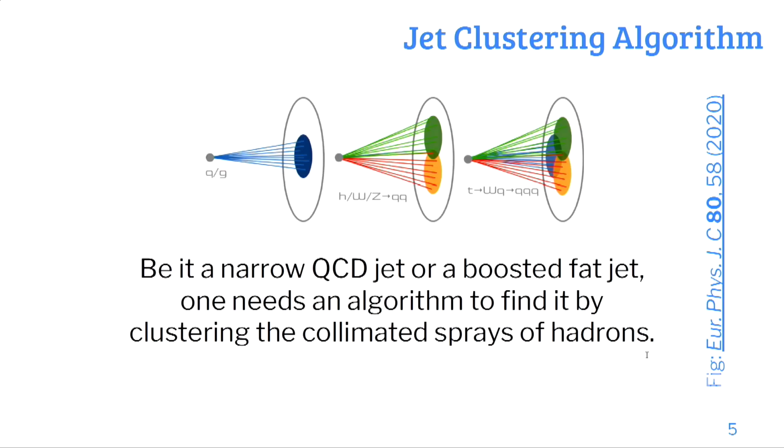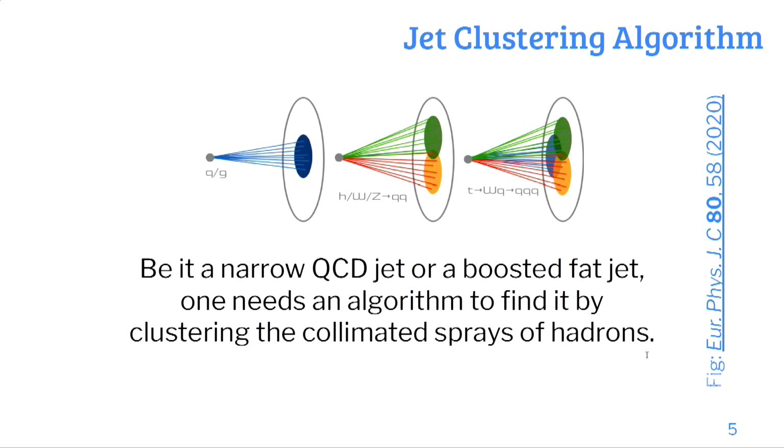But characteristically, this jet, for example the W jet, Z jet, or top quark jet, versus quark and gluon jets, are slightly different, because quark and gluon jets tend to be narrower in size and their mass tends to be very small, whereas top quark jets are slightly fatter in size and their masses are heavy.